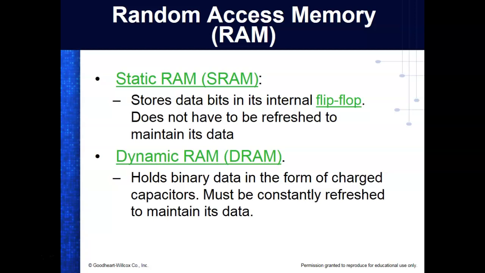But it's extremely fast. So your cache memory is SRAM. You don't see that. But what they did, since the cache memory came out, it allowed us to use this slower stuff, dynamic random access memory. So this is usually the main memory in your computer.